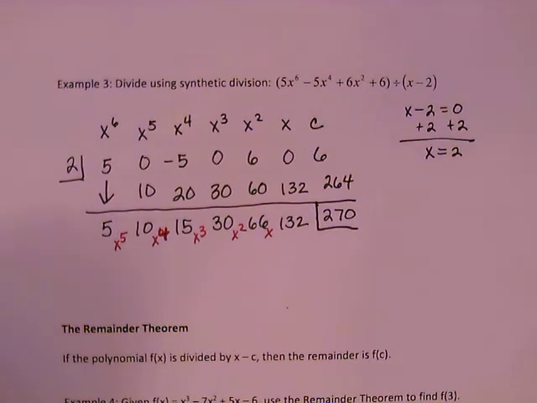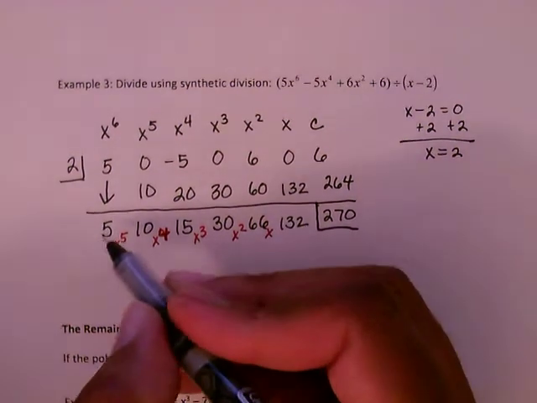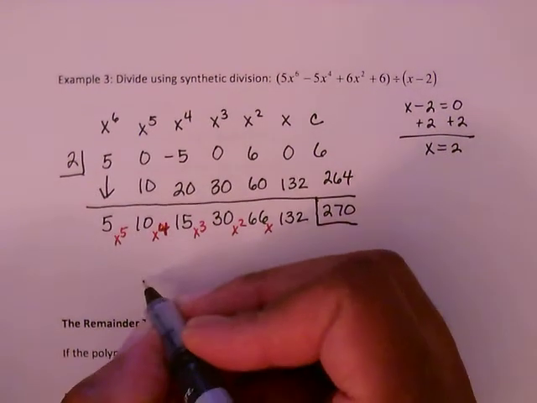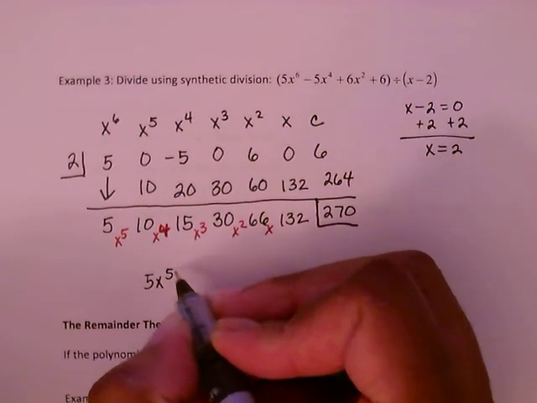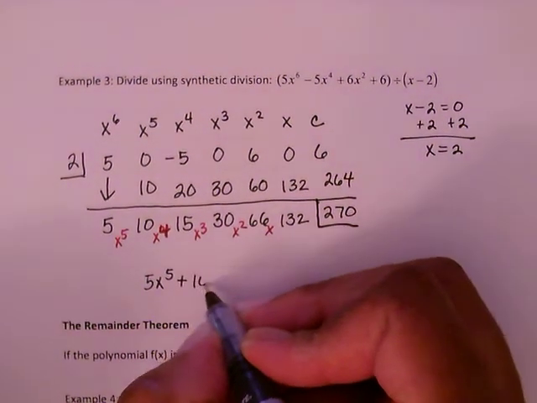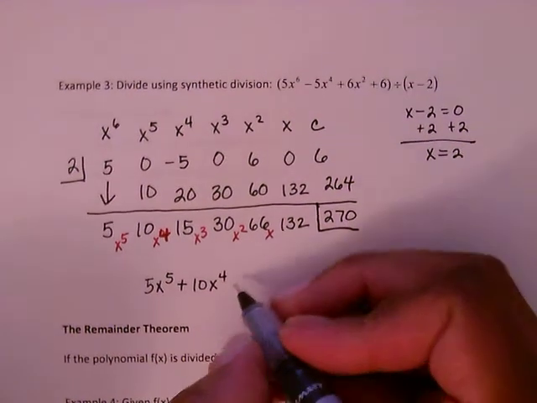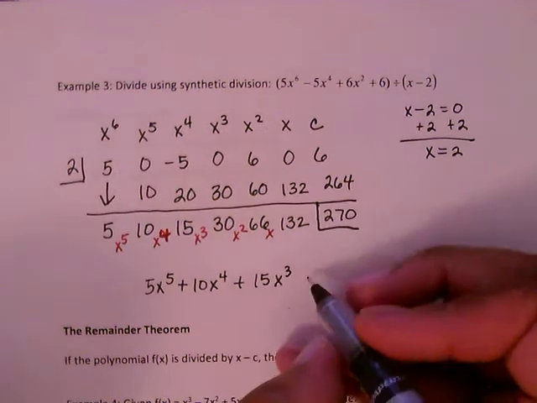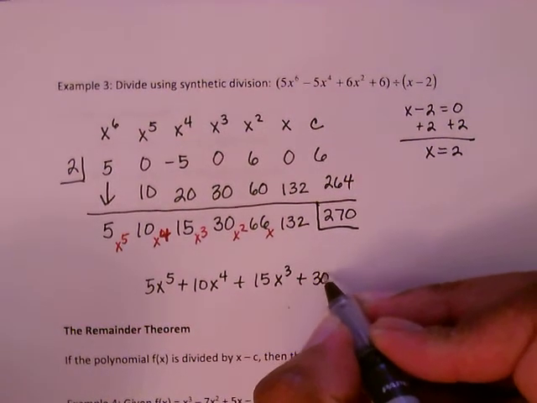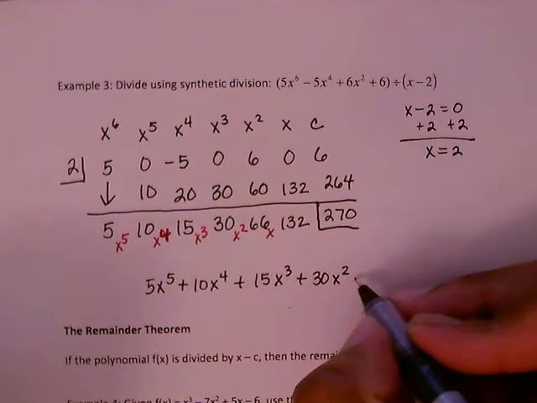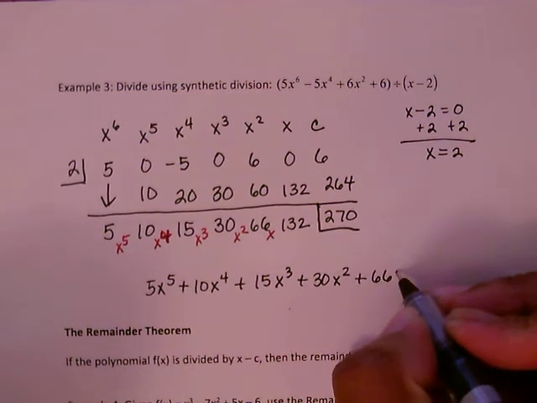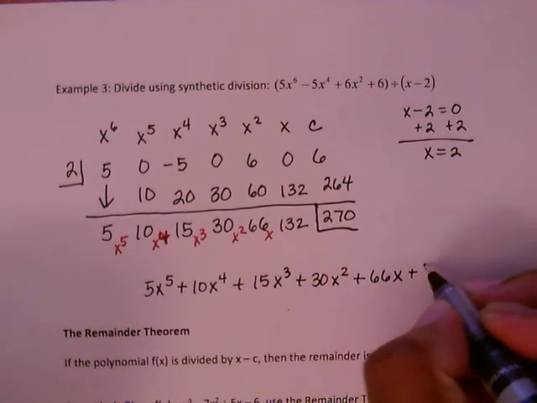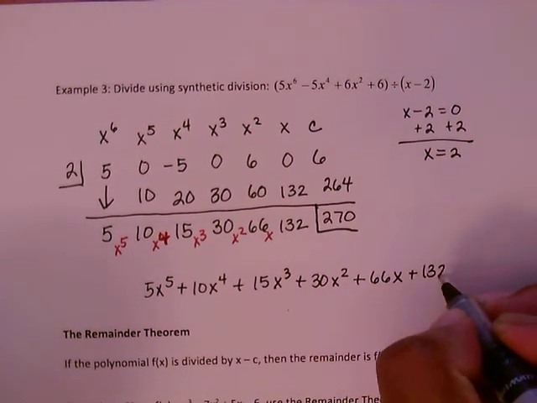So in this case, my quotient would be 5x to the 5th plus 10x to the 4th plus 15x cubed plus 30x squared plus 66x plus 132.